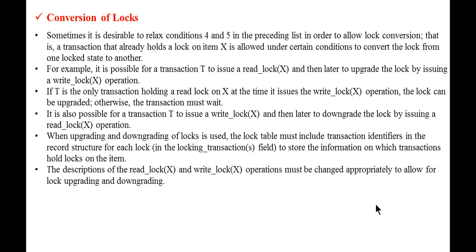Similarly, if the transaction is holding a write lock on a particular item X, and later requires only the read lock, then downgradation can be done. So upgrading and downgrading of locks is also supported by transaction processing, right? You can see here upgrading and downgrading of lock is used.